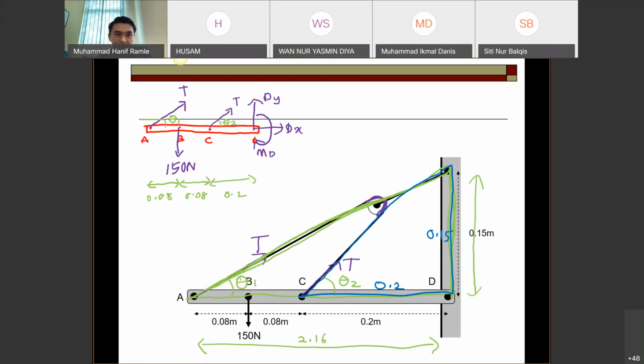We have 1 minute left. The last question from me. Once you have this FBD, it is already completed. So what is the first method to do the analysis?